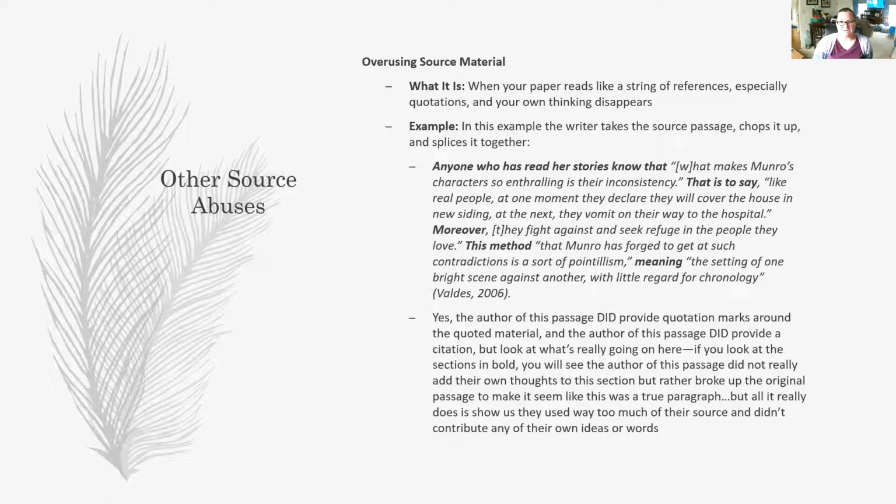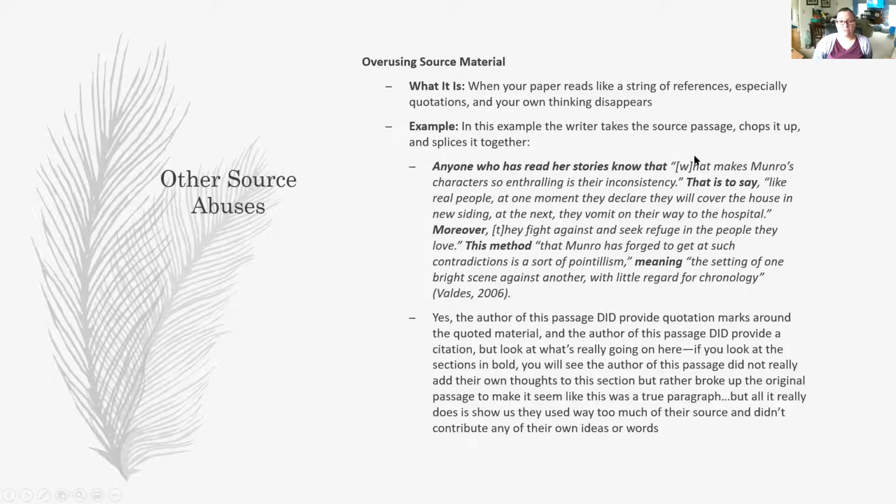Overusing source material. This is probably the most common other source abuse that I come across in student papers. Look at this example right here. Everything in italics is direct quotes from the source, and everything in bold is what the student added. They basically only added transitions to get us from one direct quote to the next.